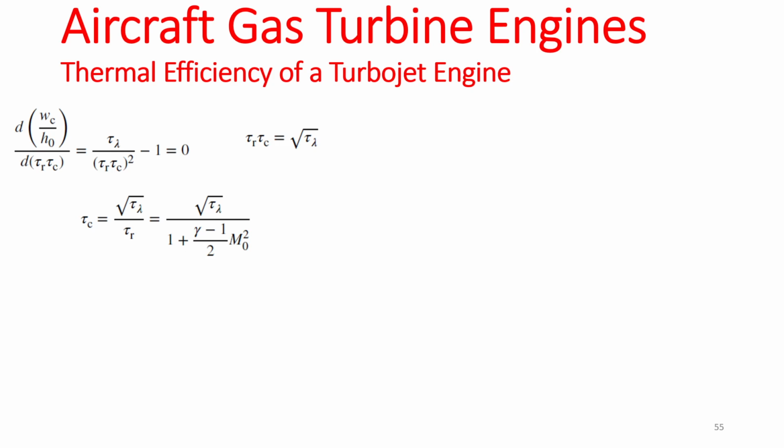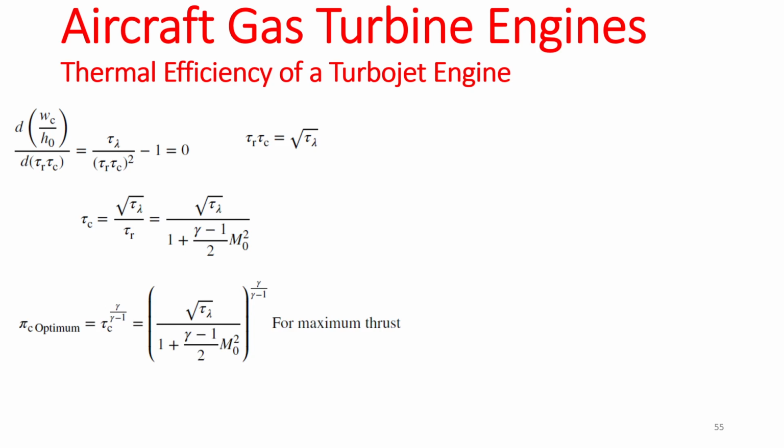So tau c equals pi c to the power of gamma minus 1 over gamma. That's it. Yeah, exactly. So essentially, if you take this equation to the power gamma over gamma minus 1, which has to be reversed, right, you are going to get the optimum pressure ratio to have the maximum thrust or the maximum work output.